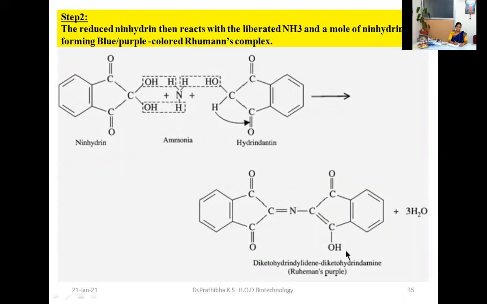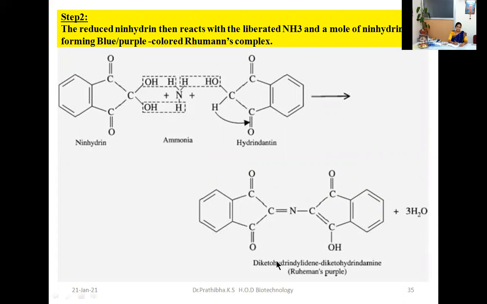Then you are going to get your Ruhemann's purple complex, or diketohydrindylidene diketohydrindamine, with the liberation of a water molecule. So this is about the Ruhemann's complex.